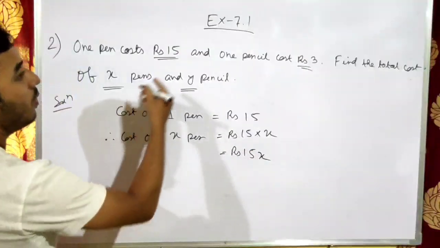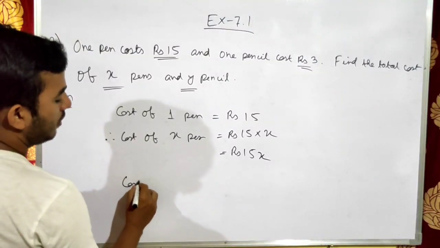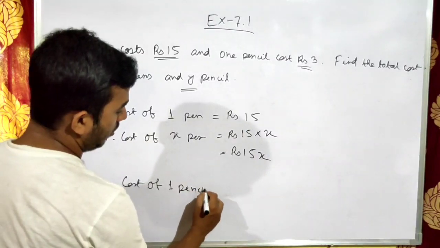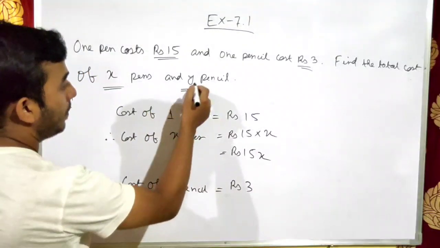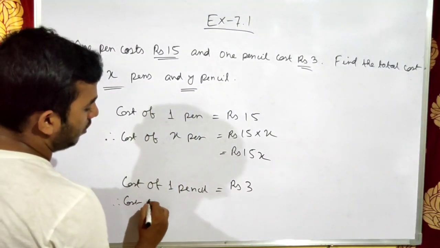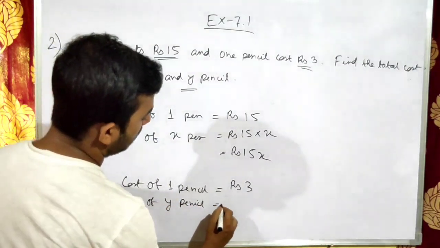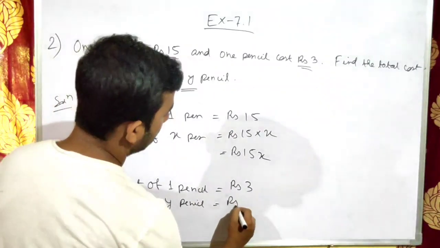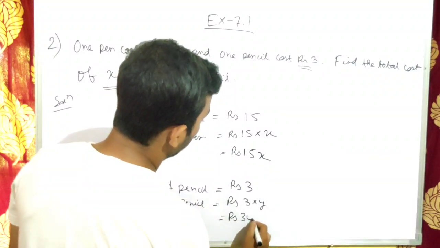Okay, now cost of one pencil equals rupees 3. So cost of how many pencils? Y pencils. Therefore cost of Y pencils equals rupees 3 into Y equals rupees 3y.